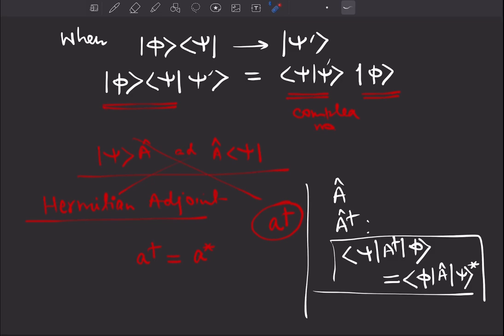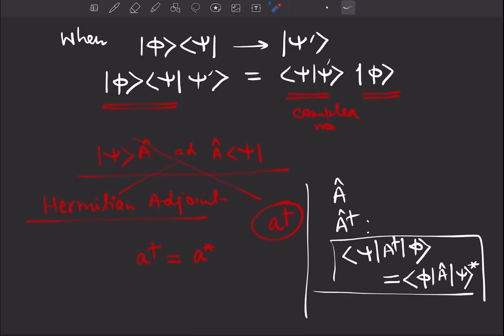The terms adjoint and conjugate are used indiscriminately. That means Hermitian conjugate and Hermitian adjoint are the same thing. Now to obtain the Hermitian adjoint of any expression, we must cyclically reverse the order of the factors and make three replacements.